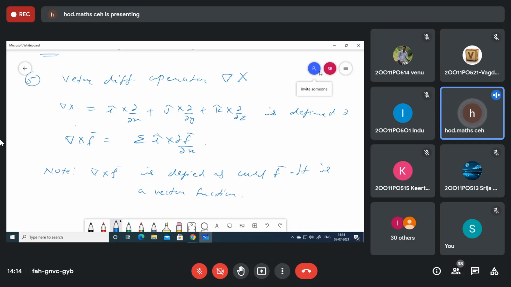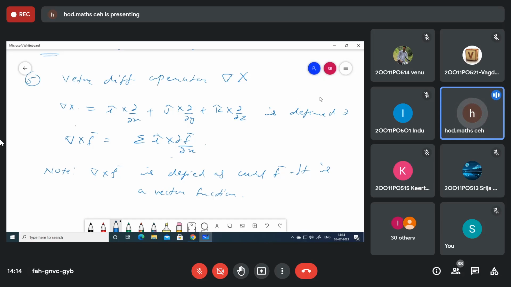So 5 operators you have seen. The last one, del cross, is nothing new to you. Del dot is not new to you. And the first one is the del operator itself. Del when applied on phi, a scalar function, represents the gradient of phi, which is a vector point function. Now del cross is defined as curl of f bar, which is a vector function again. But del dot is a scalar point function which represents divergence of f bar.